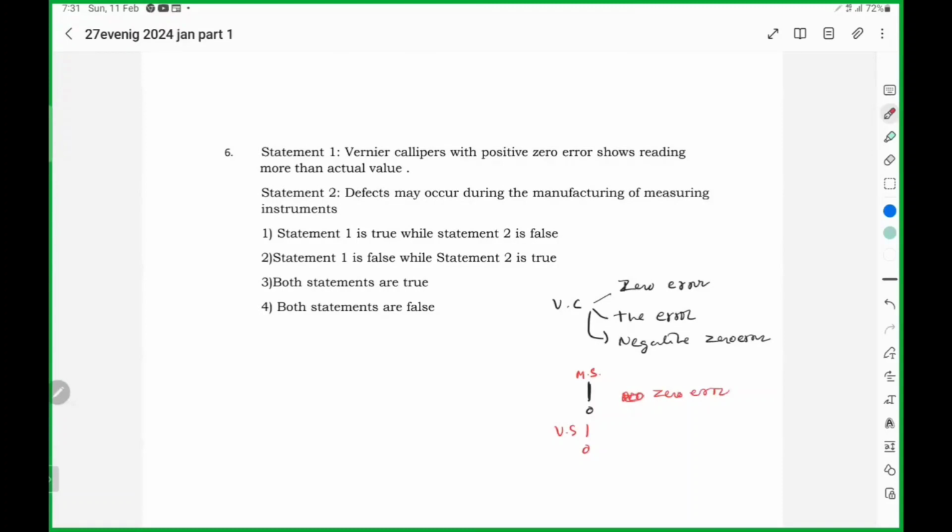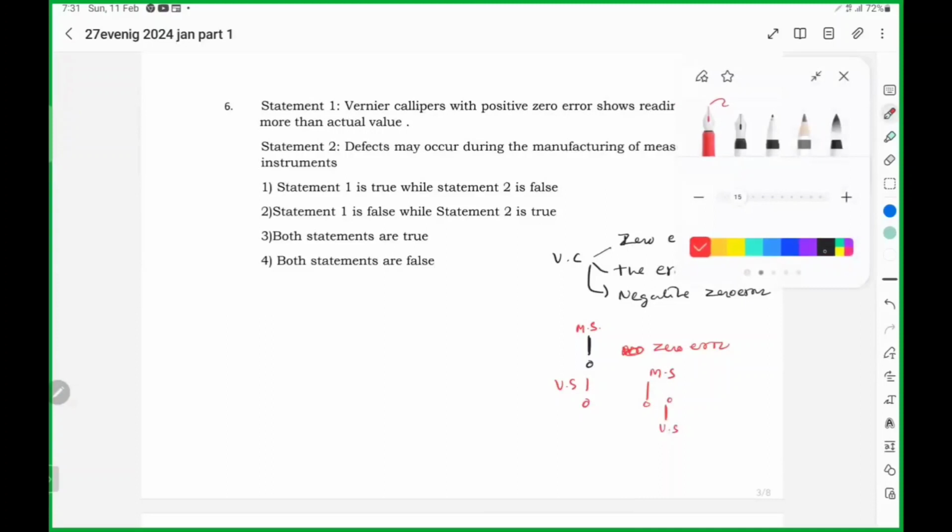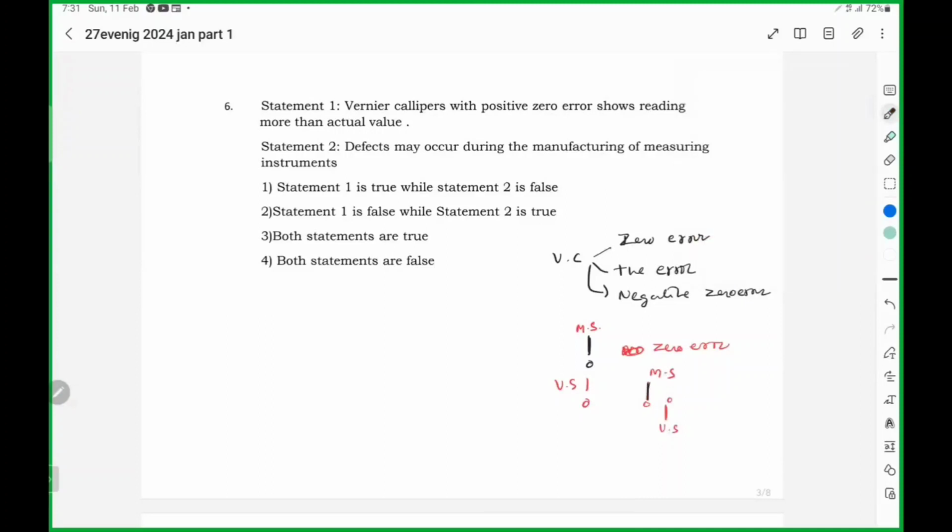In case vernier scale zero is ahead of main scale zero, we say positive zero error. In this case, we get a value because we measured from here. So the value will definitely be more than the true measurement.